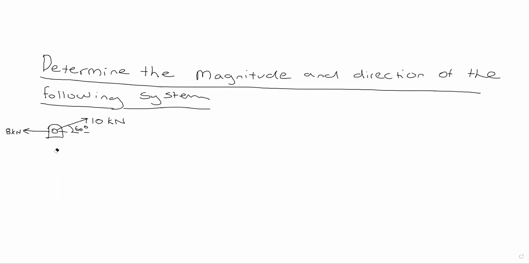The first step would be to draw a free body diagram so we can simplify this system even further and see what loads are acting upon it. So this block, which is used to represent the system, we can simplify and draw as a point, which makes the representation easier to interpret.